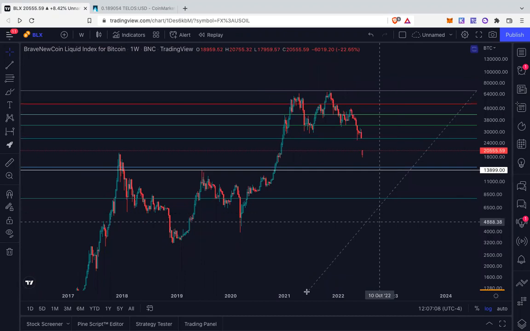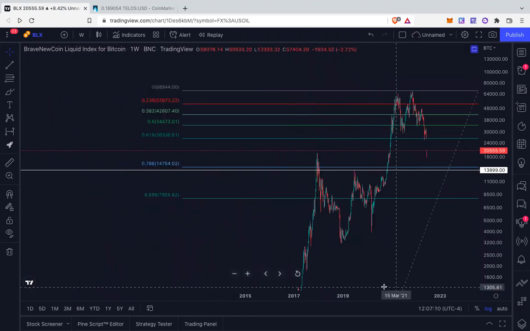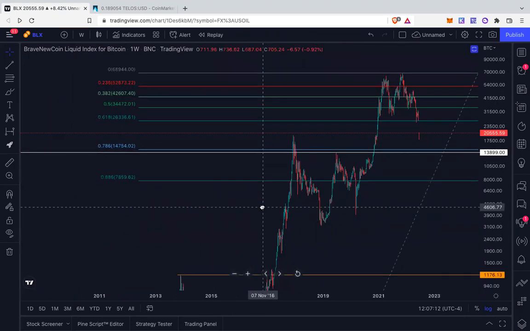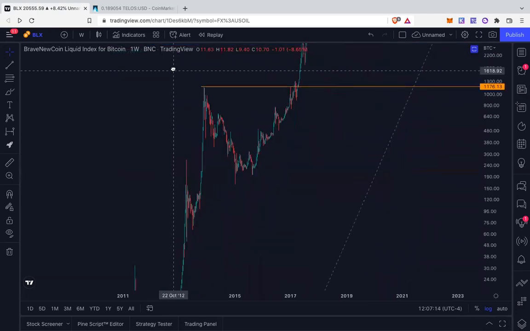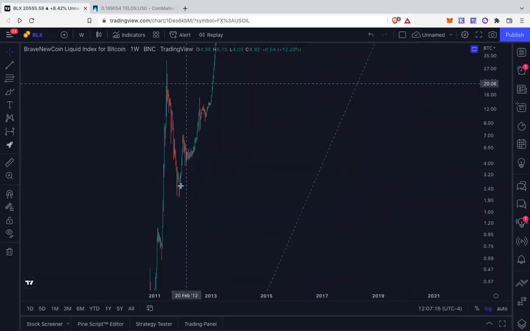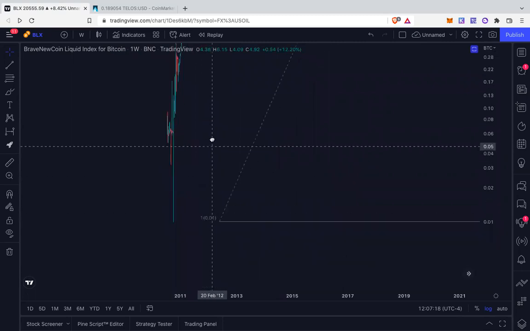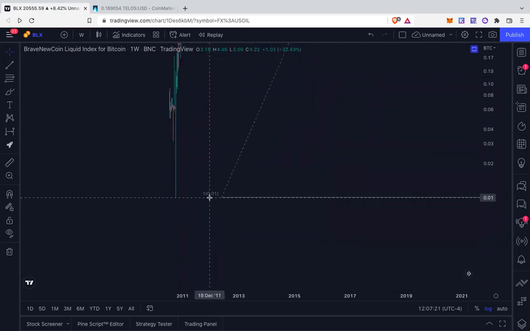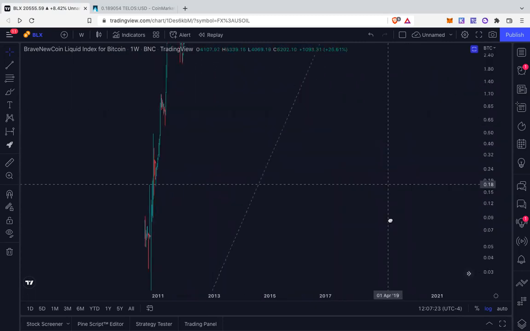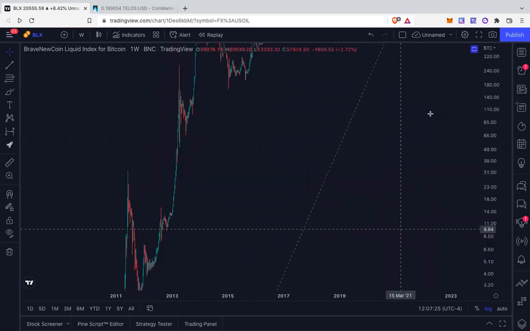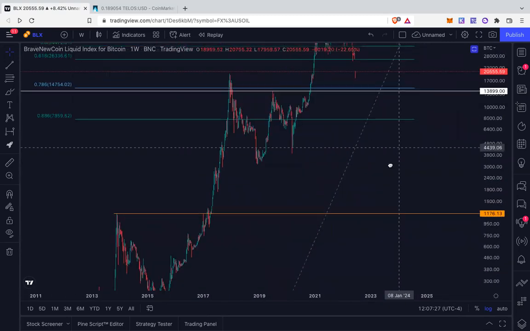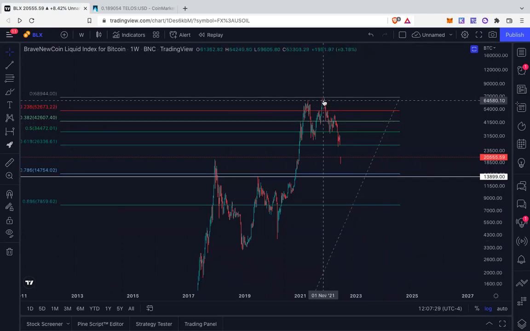But these fibs are actually from using the all-time low on this chart of 1 cent, 1 penny, to the all-time high of 69K, I believe, on this chart, 68,944.